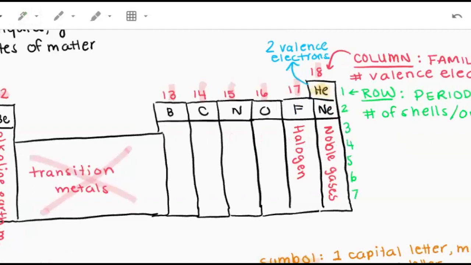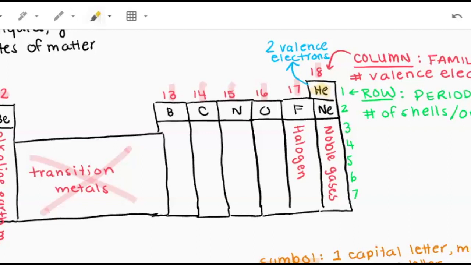Okay. So if I said which element is in group 15 and period 2, which element would you say that is? Group 15 and period 2. Yeah, nitrogen.